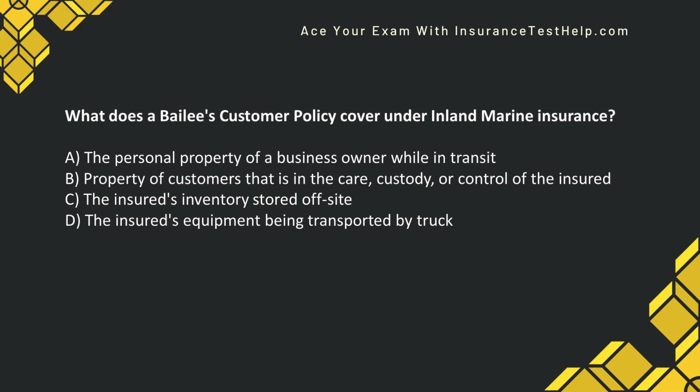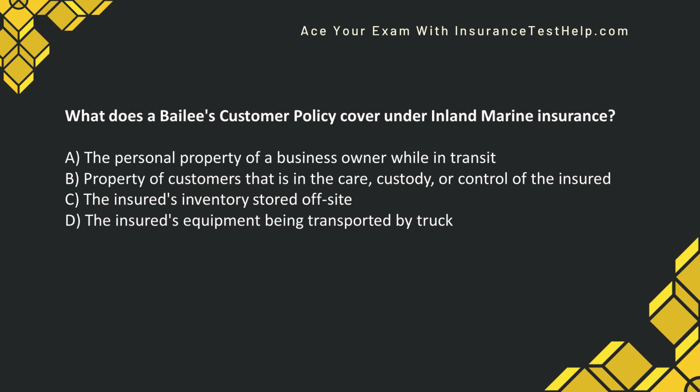What does a bailee's customer policy cover under inland marine insurance? Remember, inland marine is a type of business owner insurance, but it covers specific things. So be sure you know a lot of your different inland marine policies. Does it cover A, the personal property of the business owner while in transit? B, the property of customers that is in the care, custody, and control of the insured?